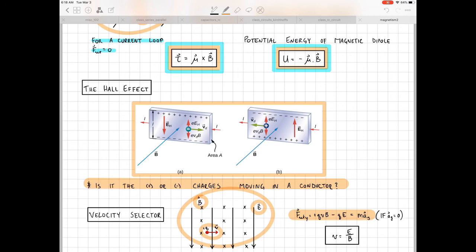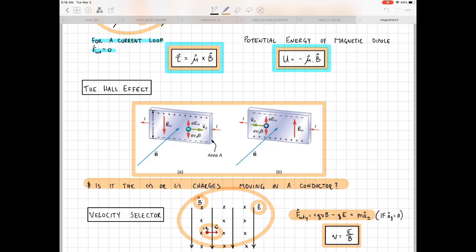And if the acceleration is 0, that is, if this particle just travels straight through, then the requirement for that to happen is that the speed at which the particle needs to be moving is the ratio of the electric field magnitude divided by the magnetic field magnitude, v = E/B.